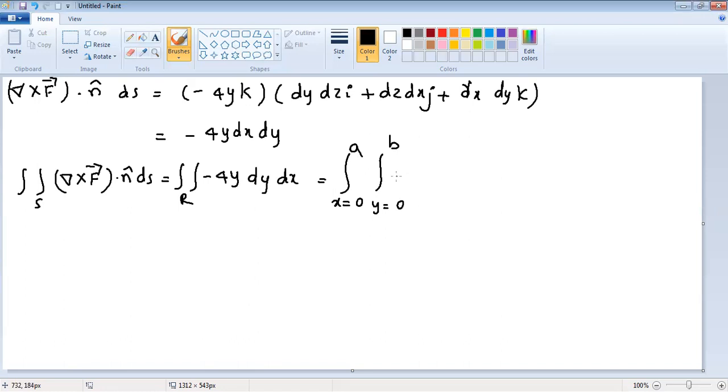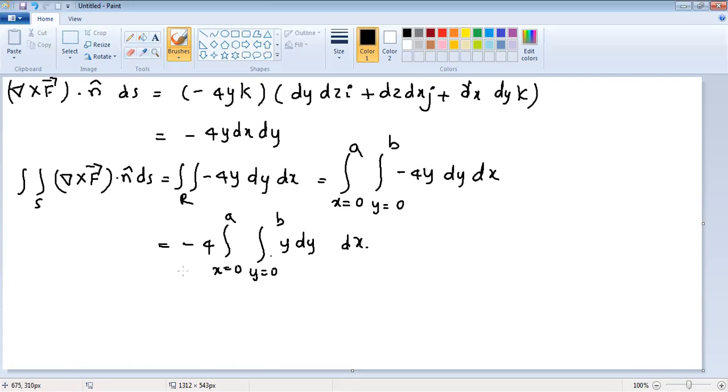So it is minus 4 times the integral from x equal to 0 to a, of y equal to 0 to b, y dy dx.